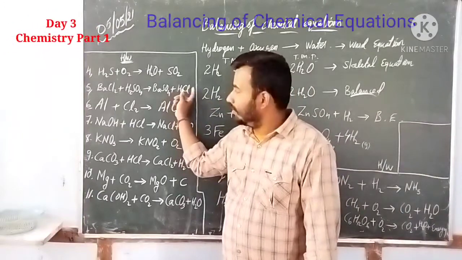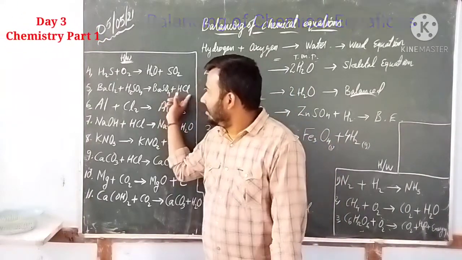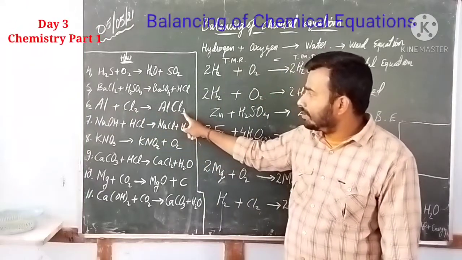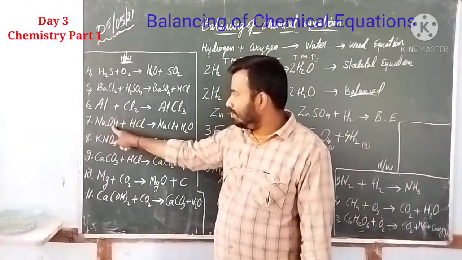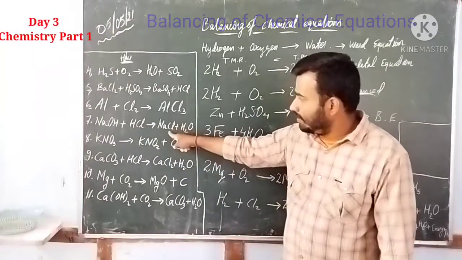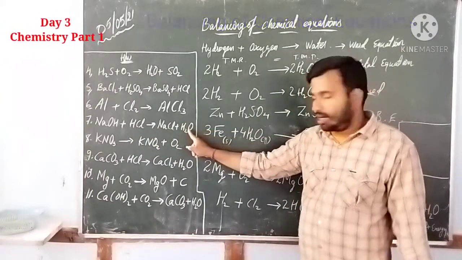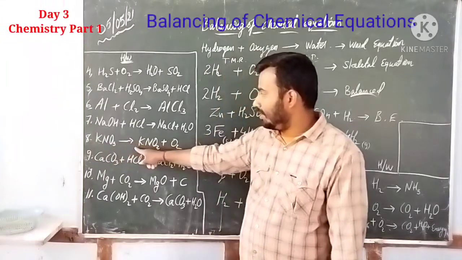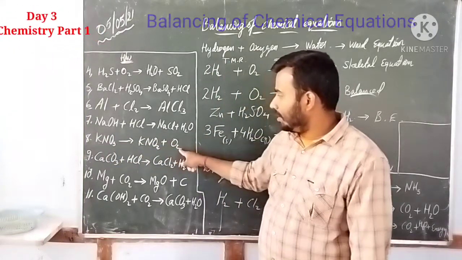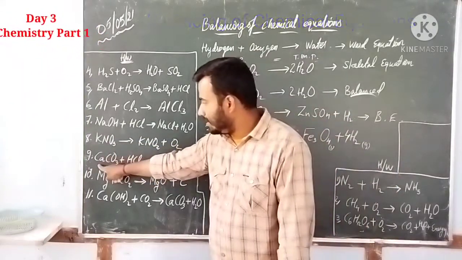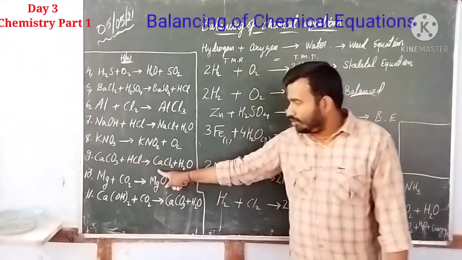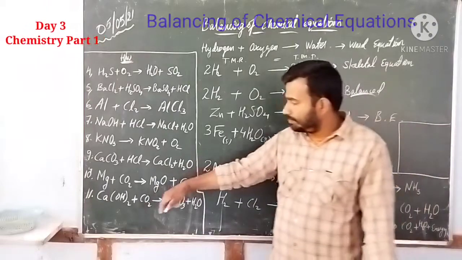Then aluminium and chlorine react to give aluminium chloride. Then sodium hydroxide and HCl react to give sodium chloride and water. The next equation, potassium nitrate decomposes to give potassium nitrite plus oxygen. Then calcium carbonate plus HCl reacts to give calcium chloride and water.